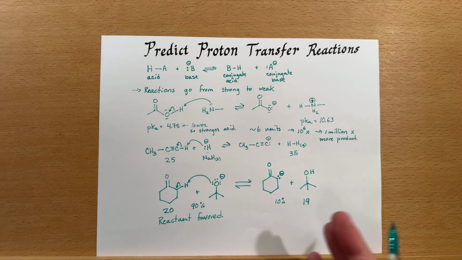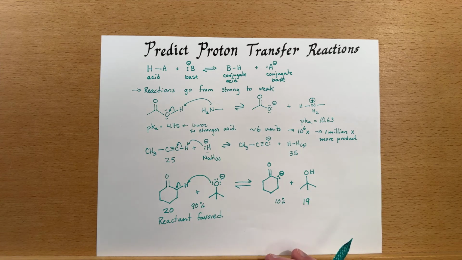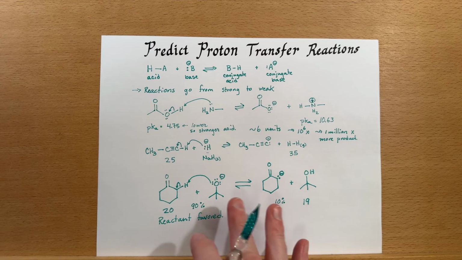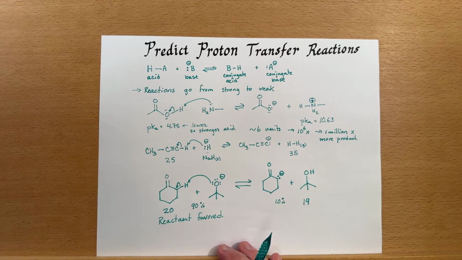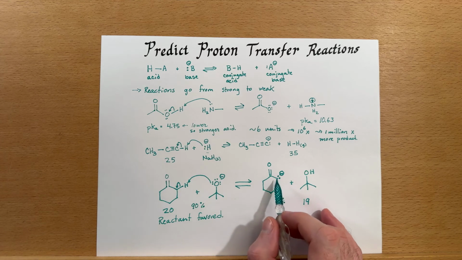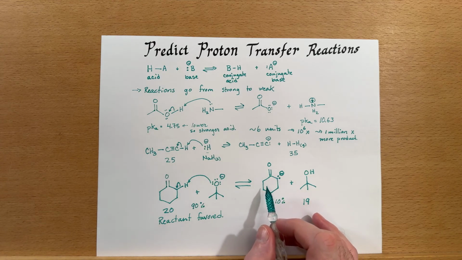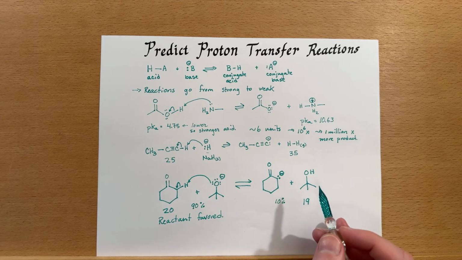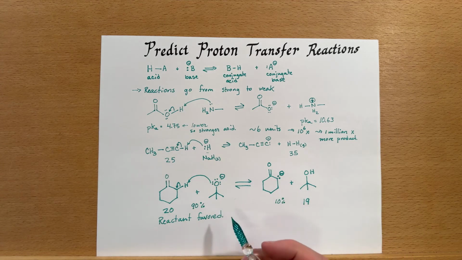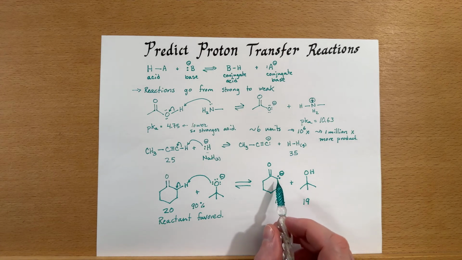You might say that this is not the best. We want our reactions to go towards products, but sometimes we actually purposely choose a situation like this. And that could be so that we can control what's happening a little bit more in the reaction. One, this slows down the reactions, and it can actually change the selectivity for where we could deprotonate.